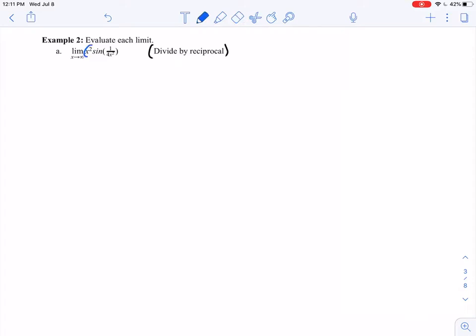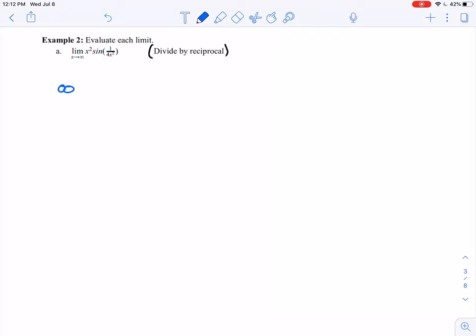If I look at the limit of x squared as x approaches infinity, that piece goes to infinity. Sine of 1 over 4x squared: if I look at just the inside part, 1 over 4x squared, as x approaches infinity, that's going to go to 0.